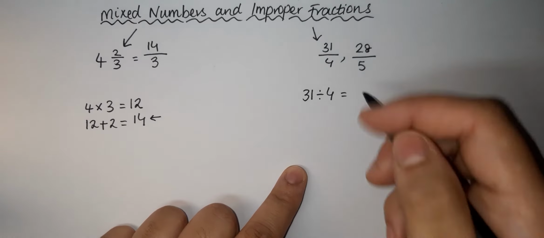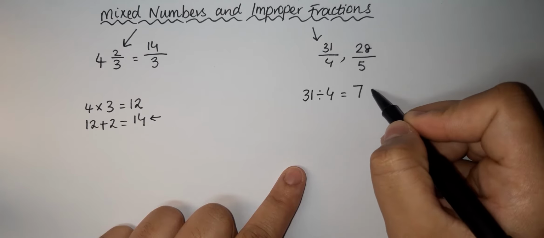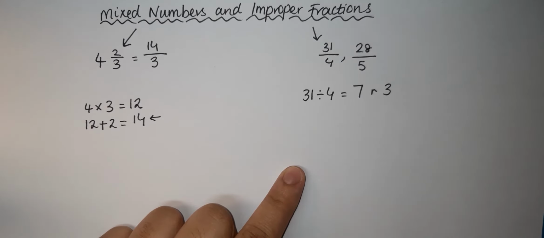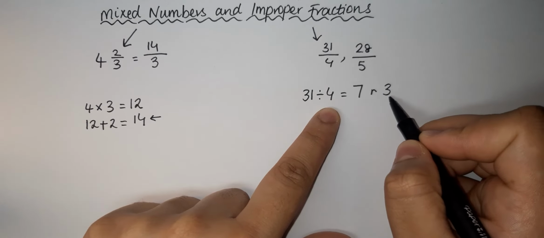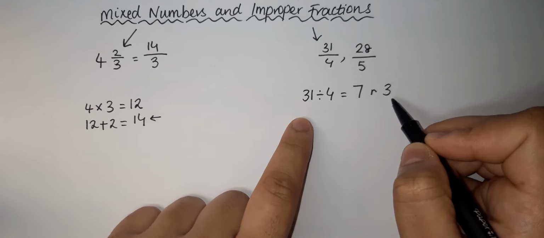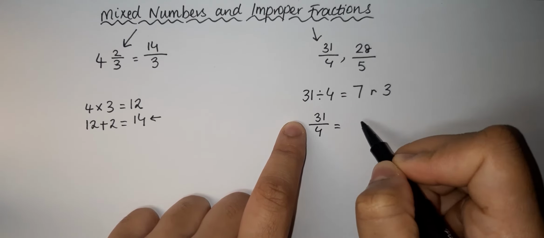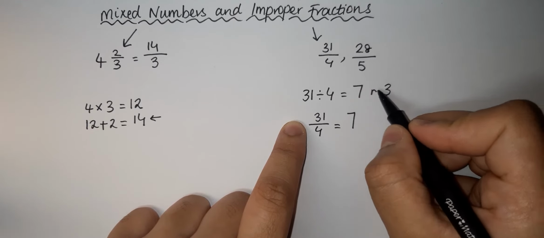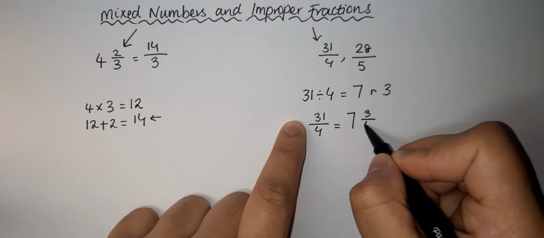If we do 31 divided by 4, we would get 7, remainder 3, because 4 times 7 is 28, and then if we add 3, we would get 31. So 31 over 4 can be written as 7, which is the integer, and the 3 as the numerator over 4.